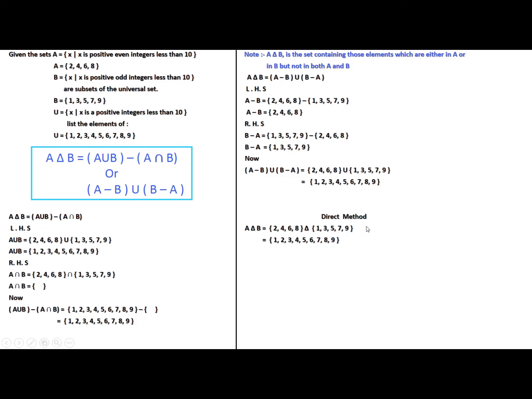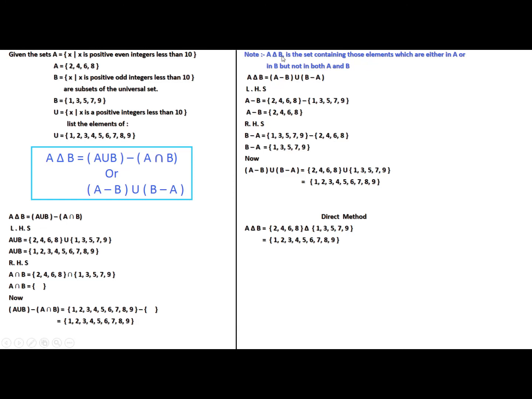Now the third method is the direct method. A symmetric difference B. First write the elements of A, then write the elements of B. And what we do here: it is the set containing those elements which are either in A or in B but not in both A and B. See here, 1 we can find in B but we cannot find in set A, so it will be in the answer. 2 we can find in set A but we cannot find in set B, so those are the elements which are not common.